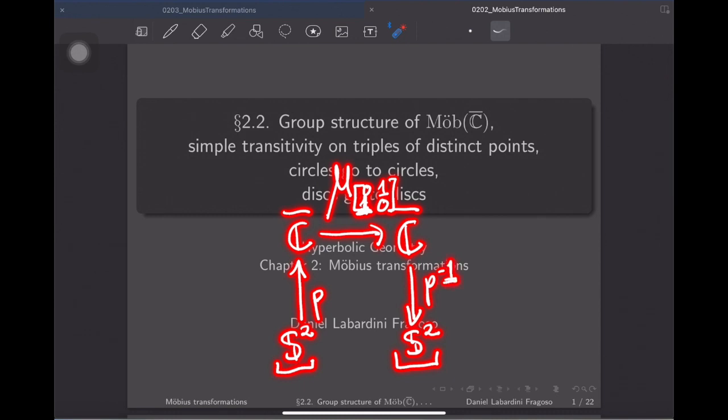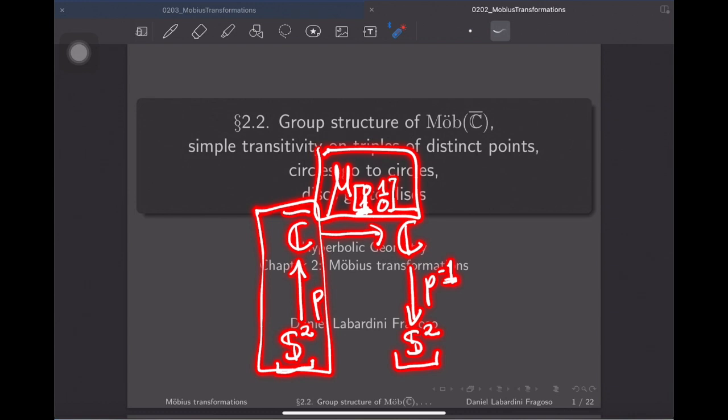In order to show that this one sends circles to circles, it suffices to show that the composition you are seeing sends circles to circles, because stereographic projection sends circles to circles, and its inverse as well, which we had already shown.